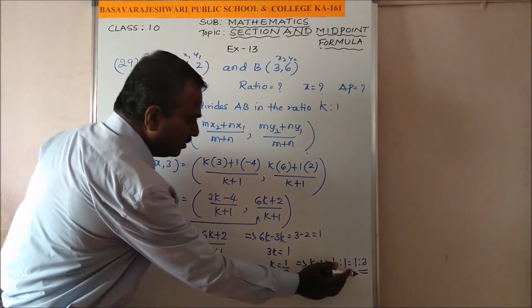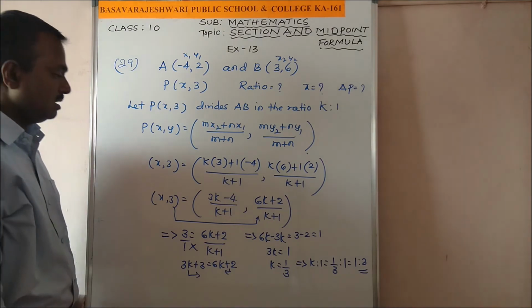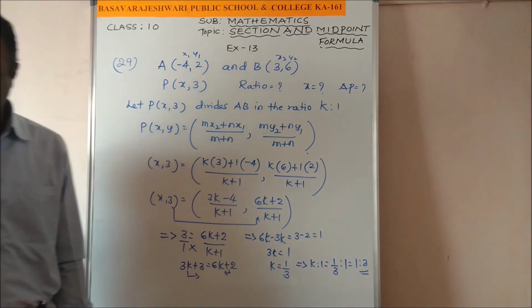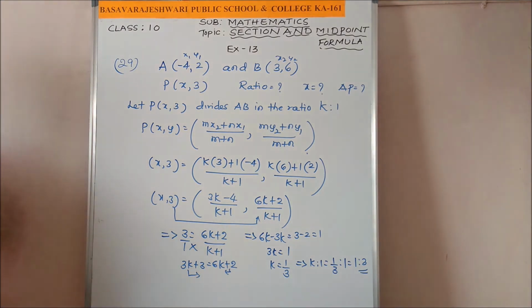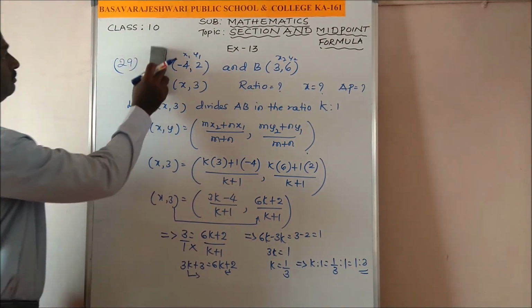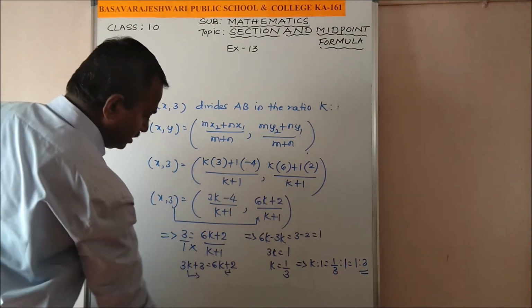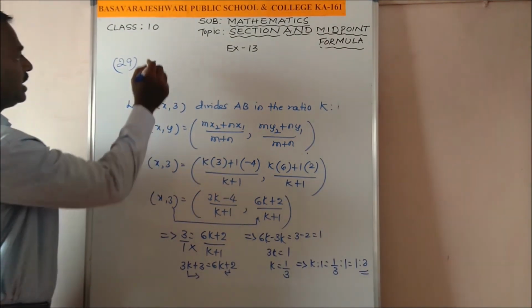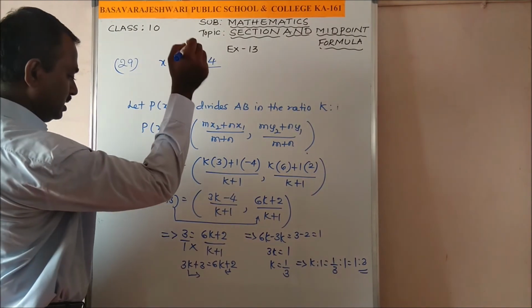Now substitute this value in the x coordinate to get the value of x. So note down first this point. Now I will substitute in this. x is equal to (3k minus 4) by (k plus 1).